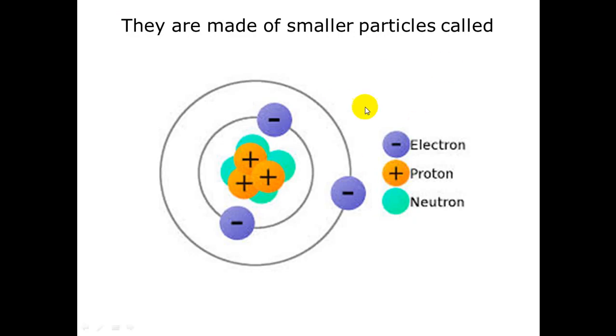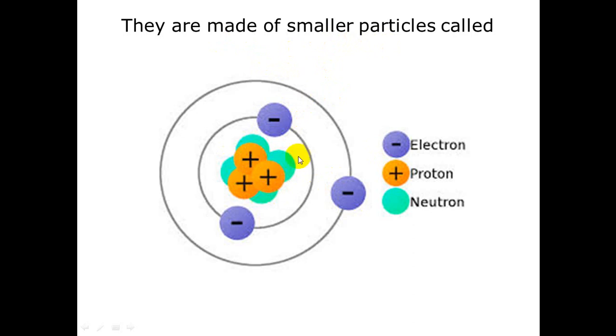When we look closely at this atom, all atoms are made of smaller particles, which are three particles: electron, proton, and neutron.